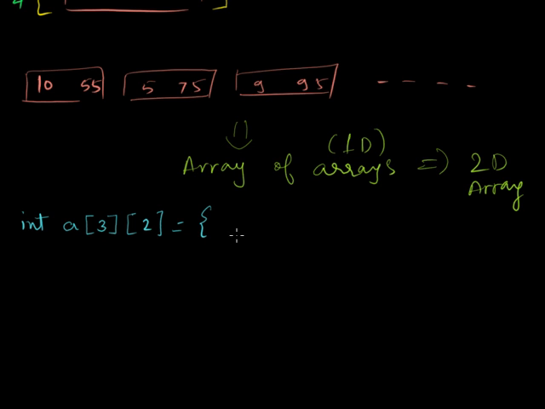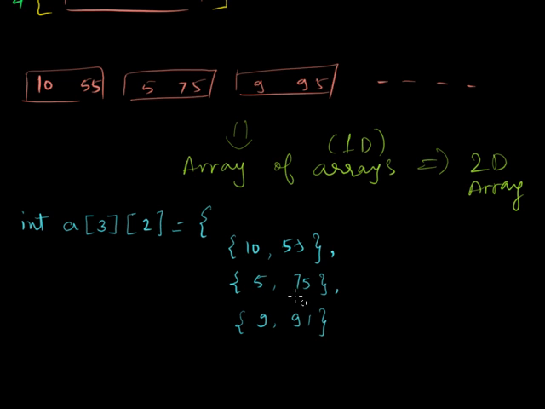What we've seen before is that a 2D array is nothing but an array of 1D arrays. So let's declare each of the rows. The first row is 10, 55, then a comma, that is the next array now, 10 55, 5 7 5, the next array now, which is 9 9 1.